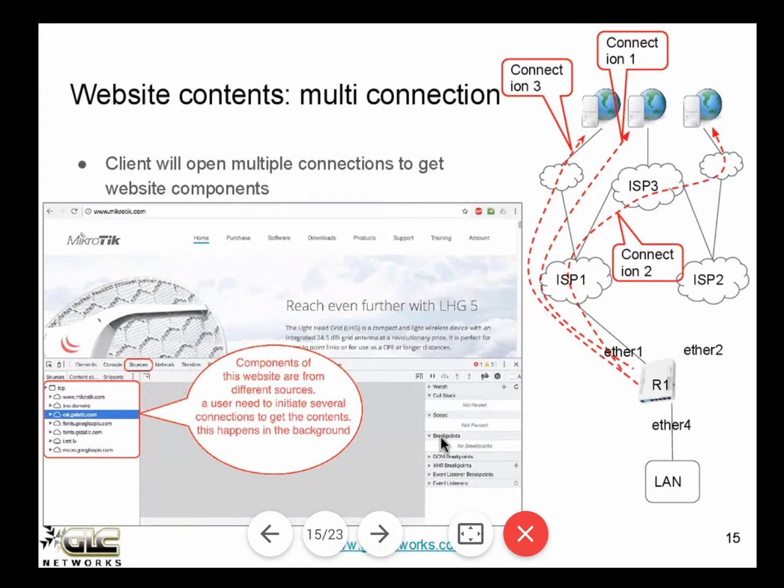To get component number 1, you go through the first connection, and to get component number 2, you go through a different connection, then a third connection, a fourth connection, and so on. The total number of objects equals how many connections you create to get all of them. So clear? Website content now is multi-connection.